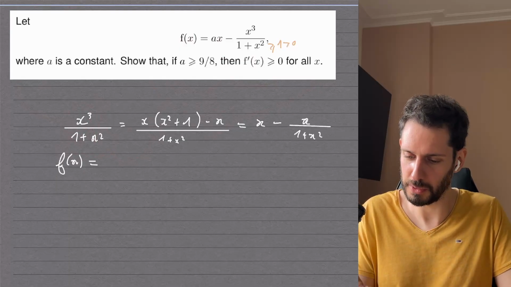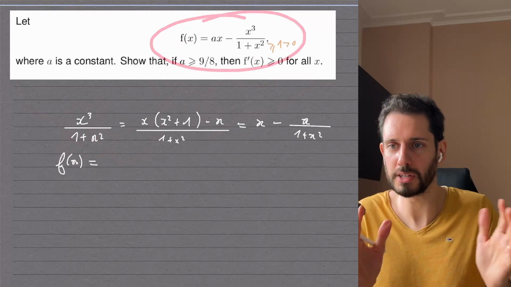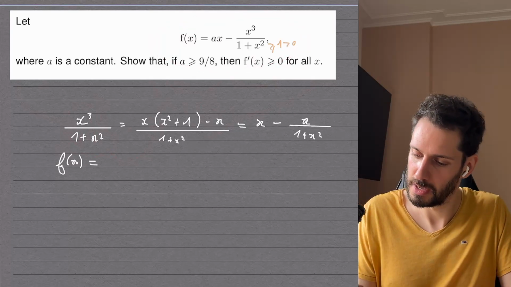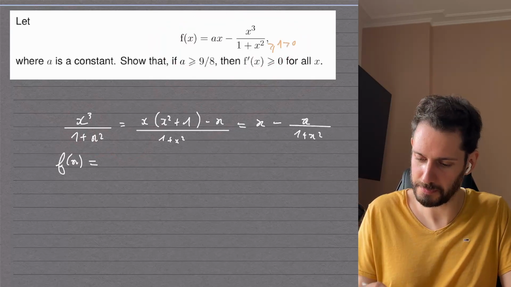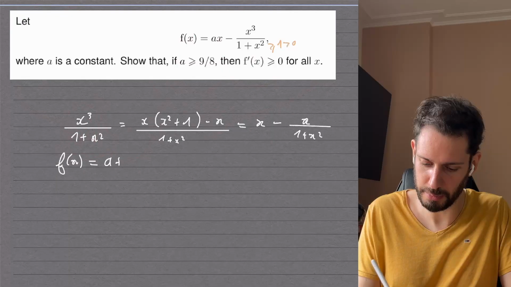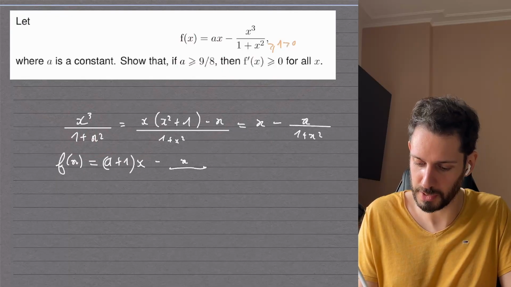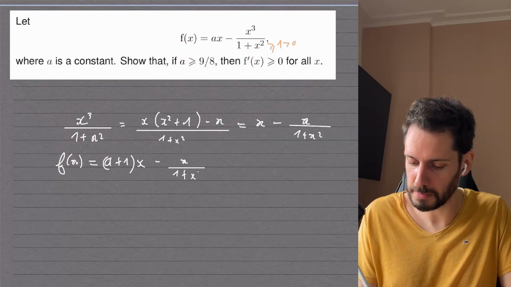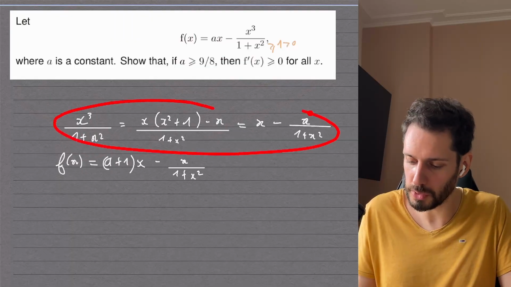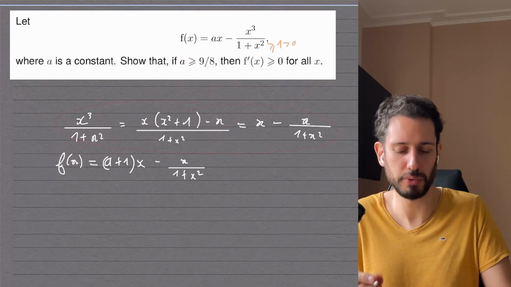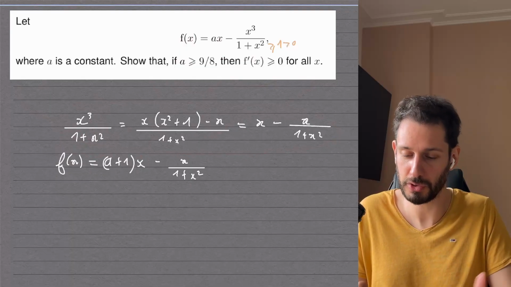So just to be sure, the domain ranges through all the values. There's no issue there. So f of x is (a plus 1)x minus x over 1 plus x squared. It's a first step. It's quick to do if you know how to do your algebraic manipulation, but it will simplify the calculations later, so it's a good investment.